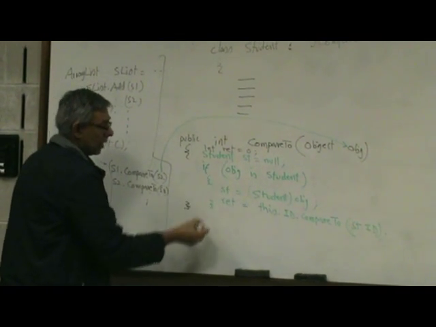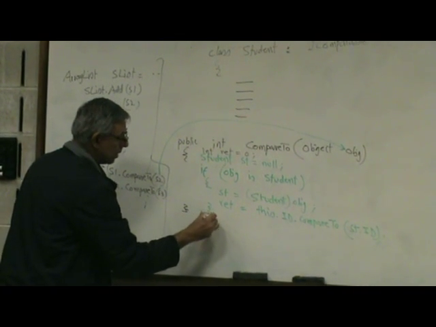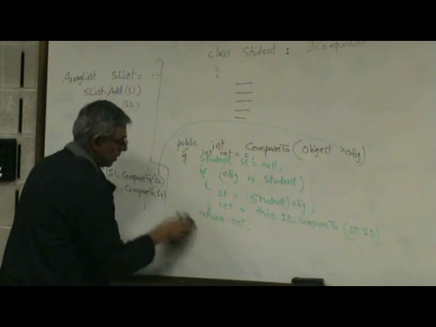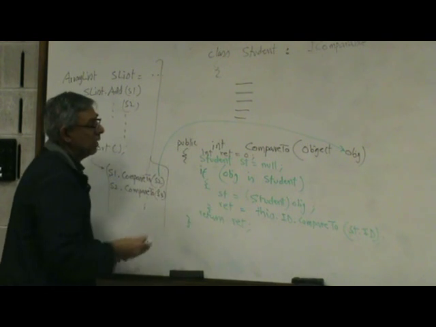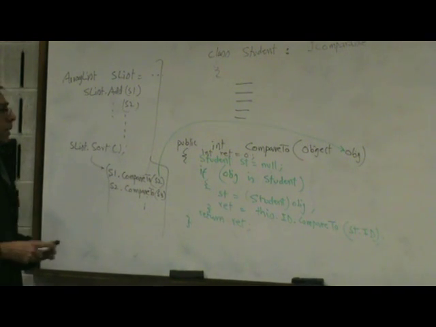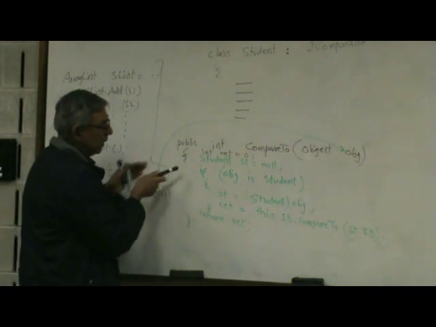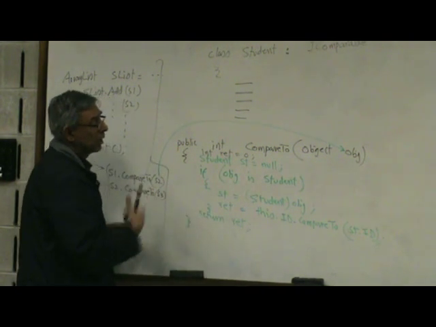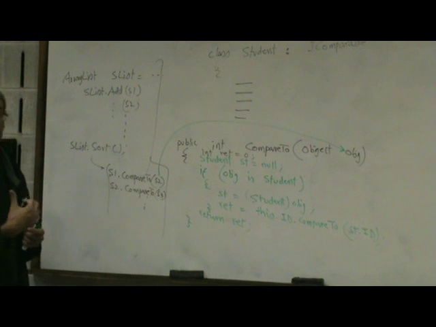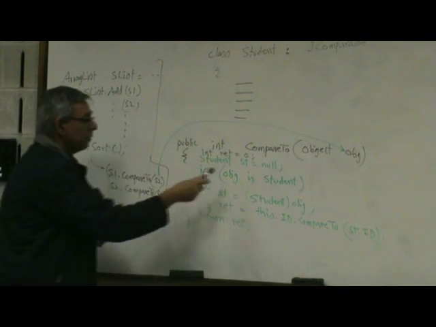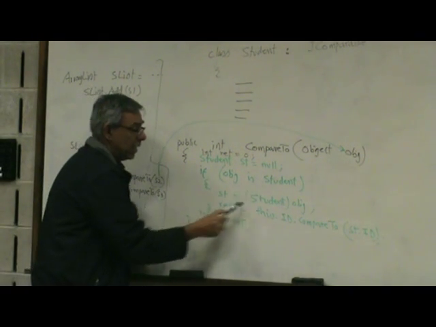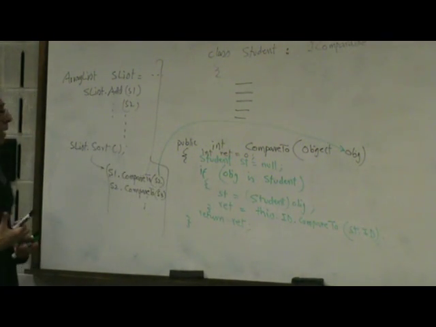And then we will basically return ret. So this is how we had programmed it before, okay? Again, every time this is called, we have to go using the vtable, using the type info, verify we are pointing to a student, then typecast it, then do the comparison on the field, right?